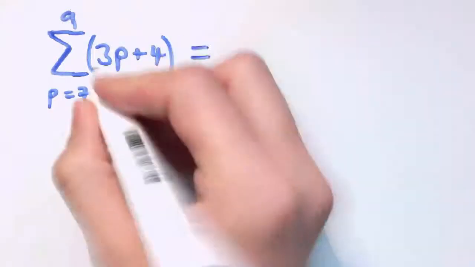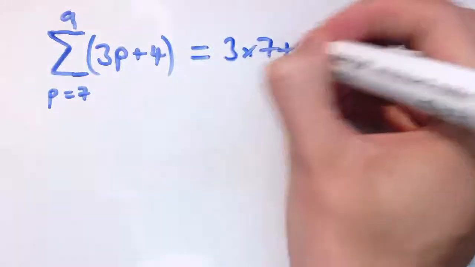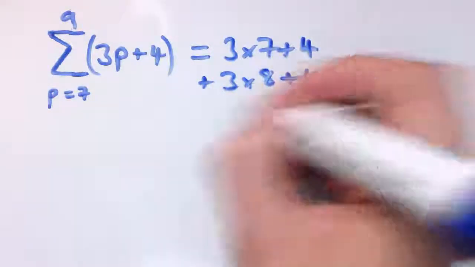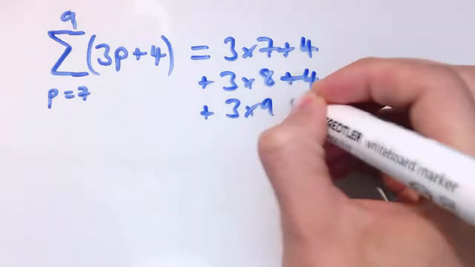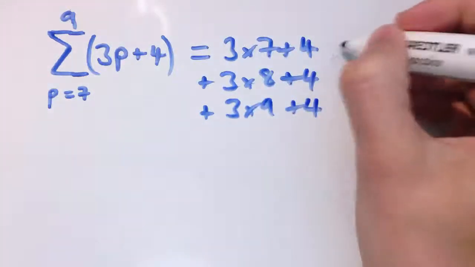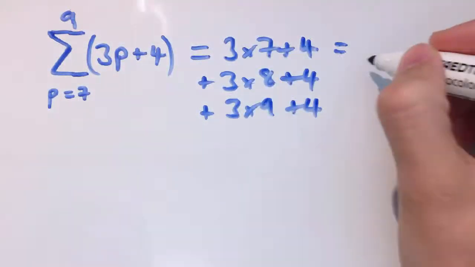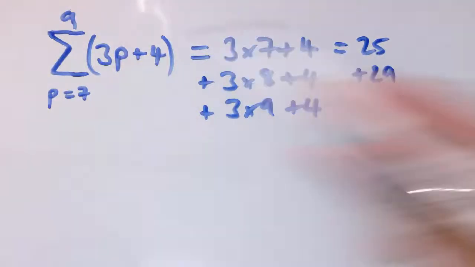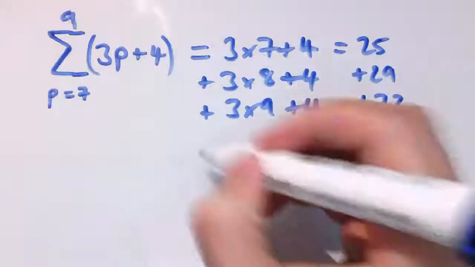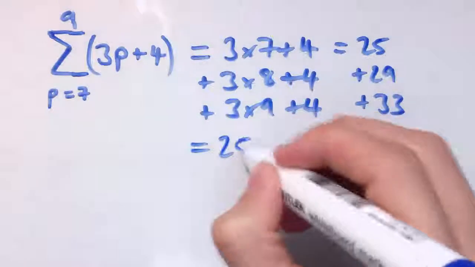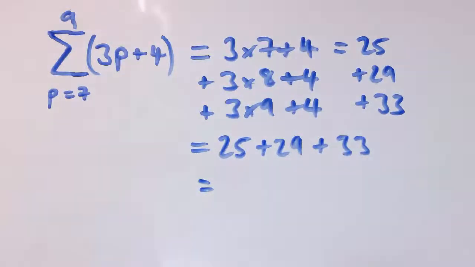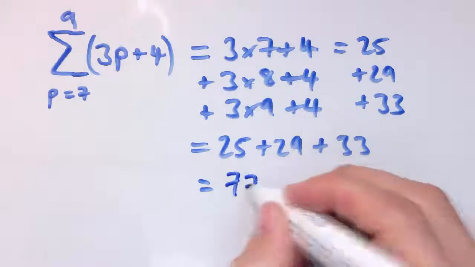So the first one is 3 times 7 plus 4, and I also add on 3 times 8 plus 4, and I also add on 3 times 9 plus 4, so this is 25 plus 29 plus 33. It's actually just 3 successive terms in this arithmetic progression. So let me write that a bit more neatly so it's not so confusing. I just need to add those 3 terms together, so I've got 77.